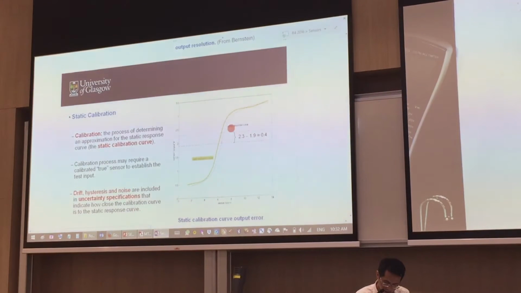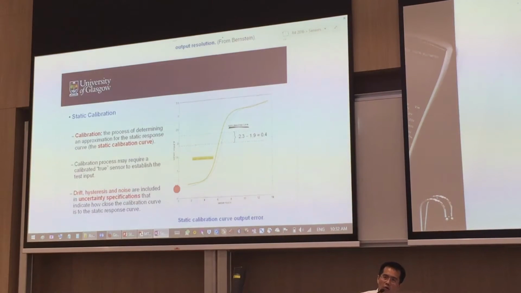So we have this static response curve over here, right? That one is in black. This is what we want. But when we received the sensor, it actually didn't behave to this static response curve that we want. Rather, it has this yellow line over here, and that yellow line is what we call our static calibration curve.